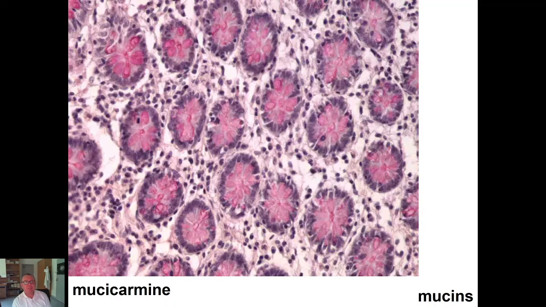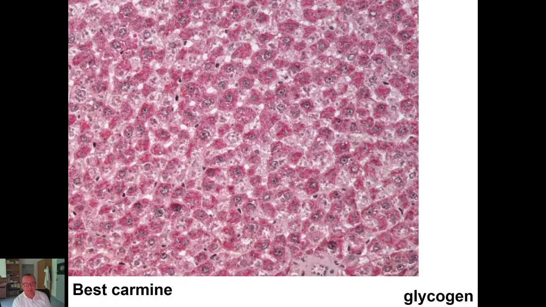Very similar thing, but it is this already declared mucicarmine. Mucicarmine is staining mucin red or purple. And carmine is staining glycogen and other similar neutral polysaccharides.